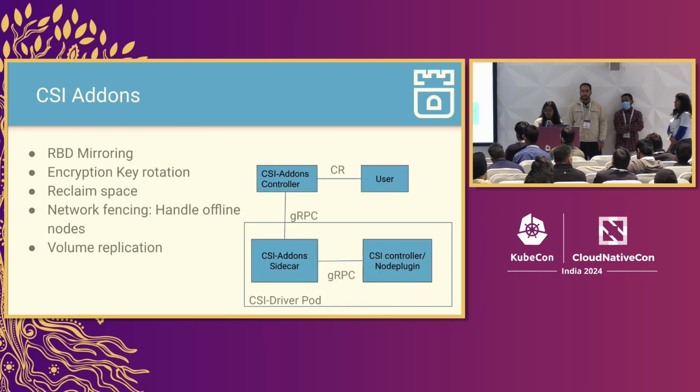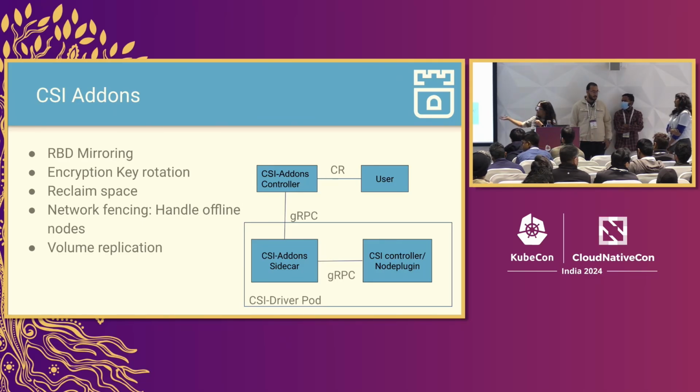Coming to CSI add-ons. CSI add-ons host extensions to the CSI specification that provide advanced storage operations, like network fencing, reclaim space, volume replication features, and volume group replication. We have the CSI add-on controller and the sidecar, which resides in the CSI driver pod.